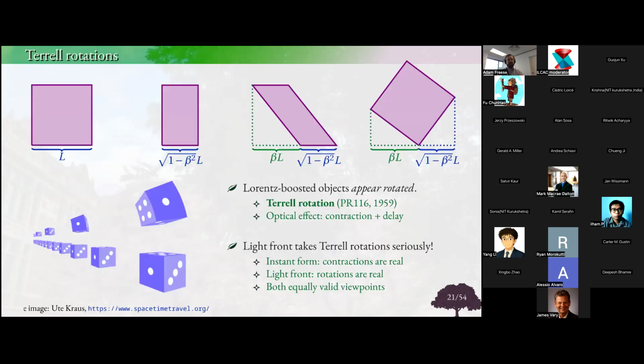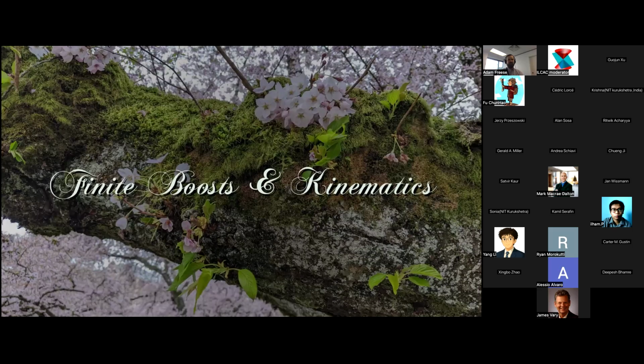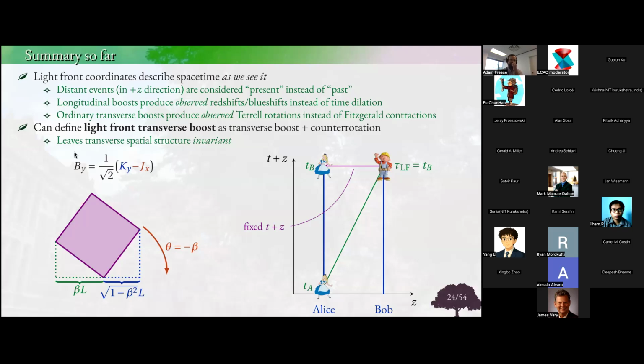The other mini summary regarded conceptualization. Light front coordinates basically describe space-time as we see it, at least when we're looking in a particular direction, the plus z direction. When we see distant events, we consider them to be in the present instead of the past. Basically, everything that is traversed by a single light front that comes and hits our eyes is considered simultaneous.